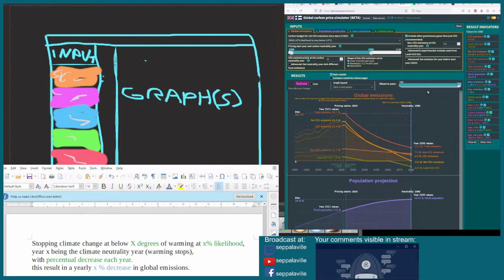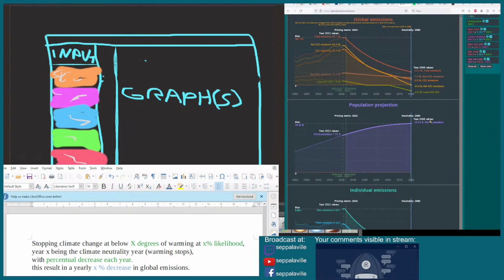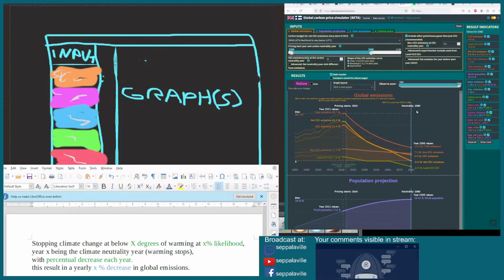Now I've been favoring this idea to show all the result graphs in the same window, so that you can scroll. But I'm not sure if that's the best option.